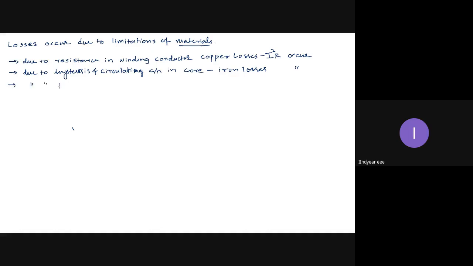Due to friction between rotating and stationary parts, mechanical losses occur.